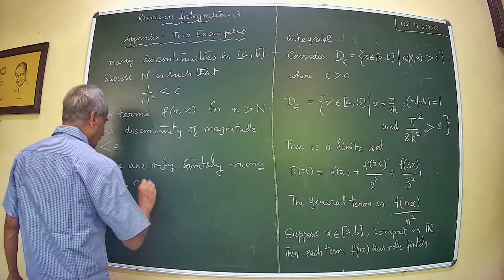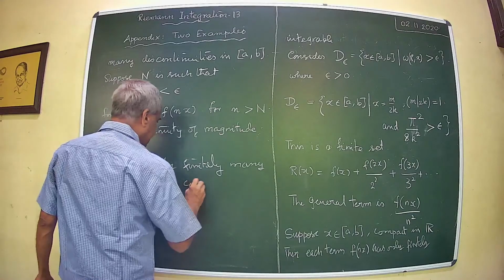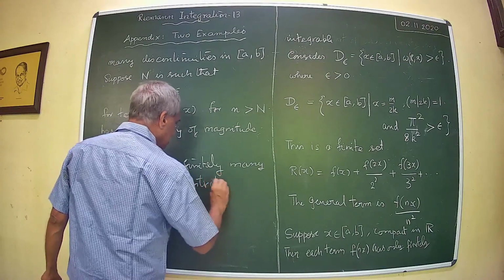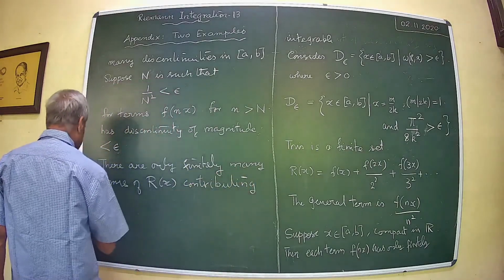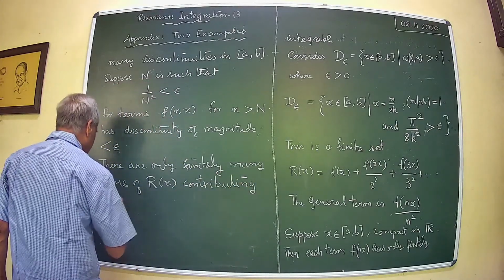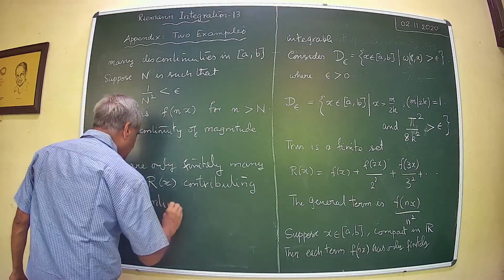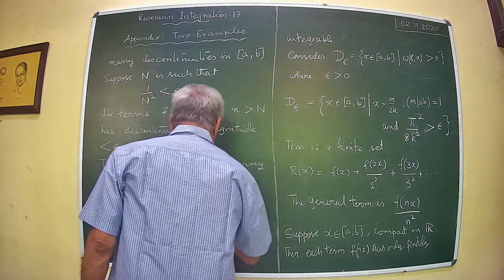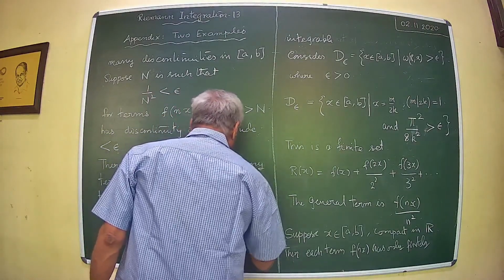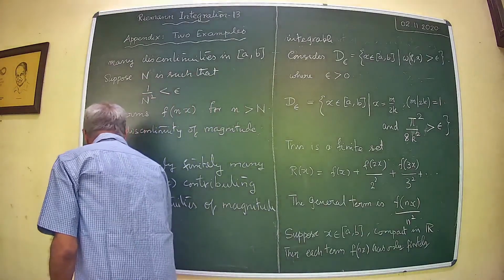So there are only finitely many terms of Rx contributing to the discontinuities of magnitude greater than epsilon.